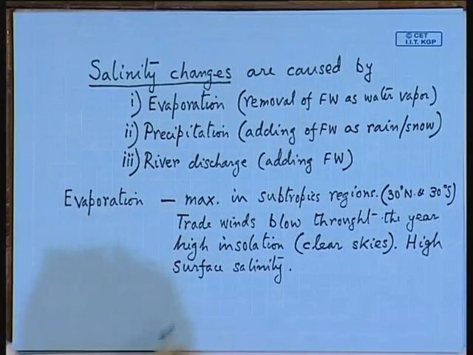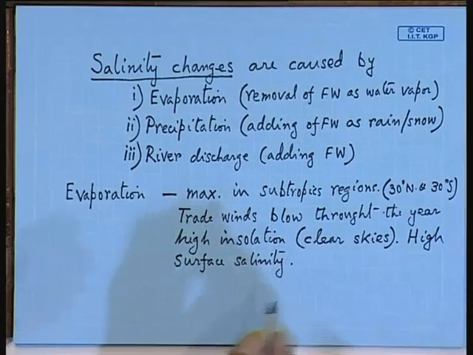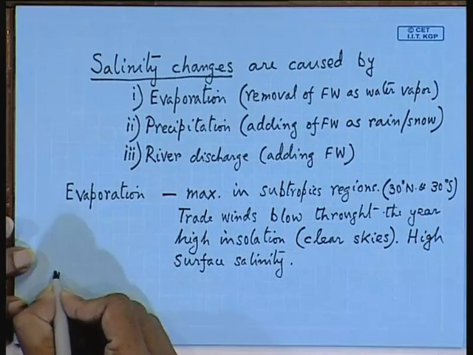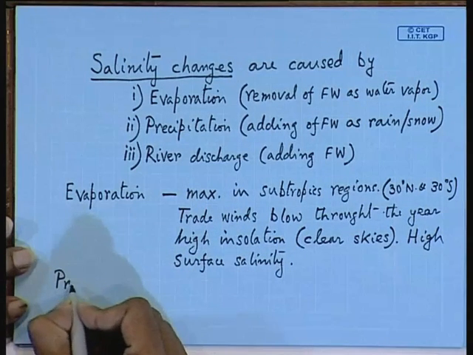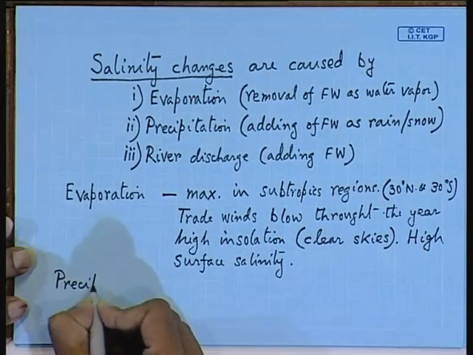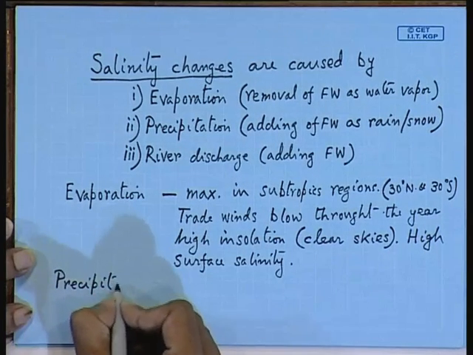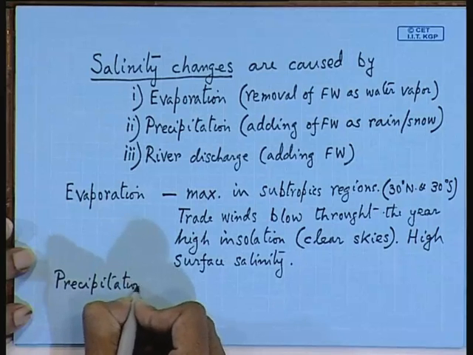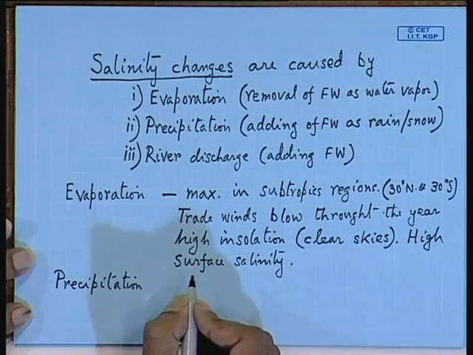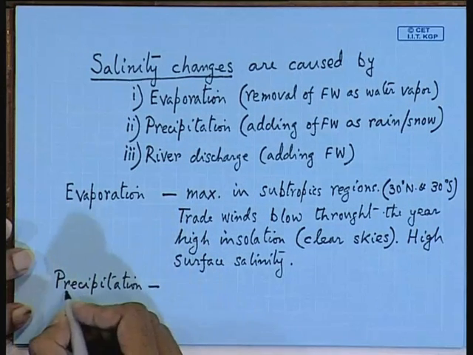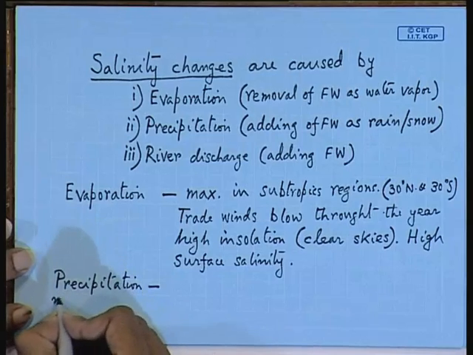Now, in our case where we are situated near the equator, we have precipitation. This is most abundant near the equator.